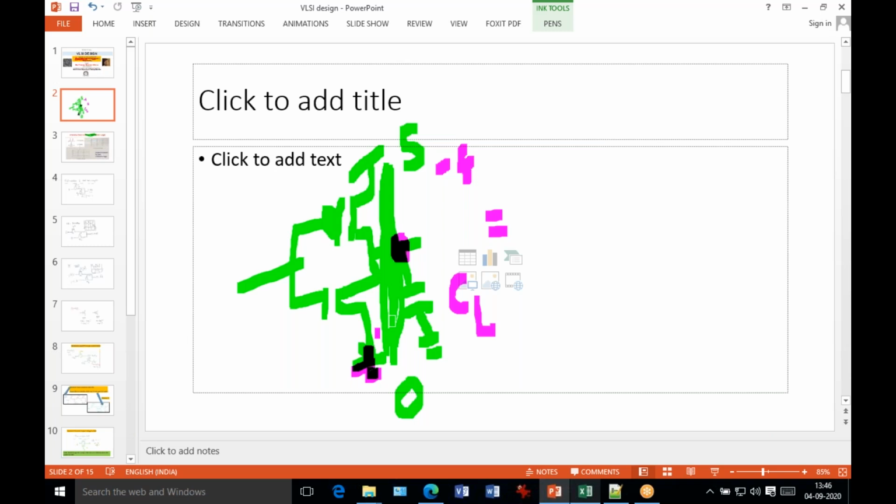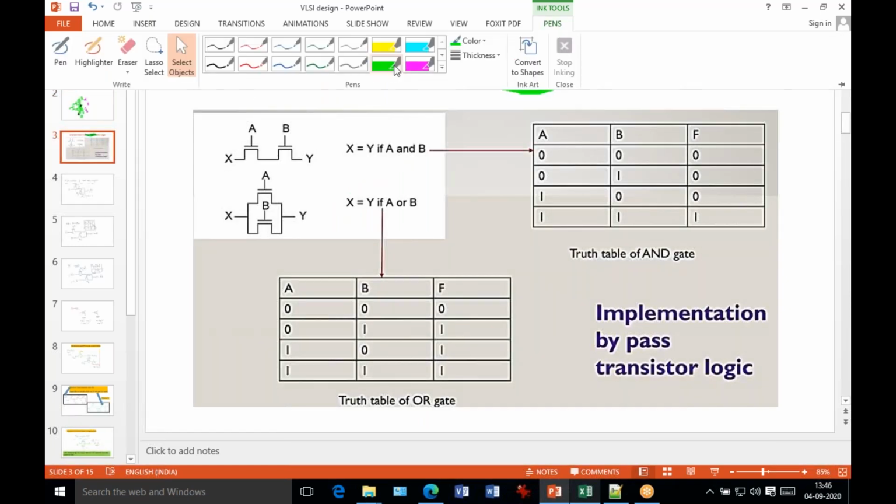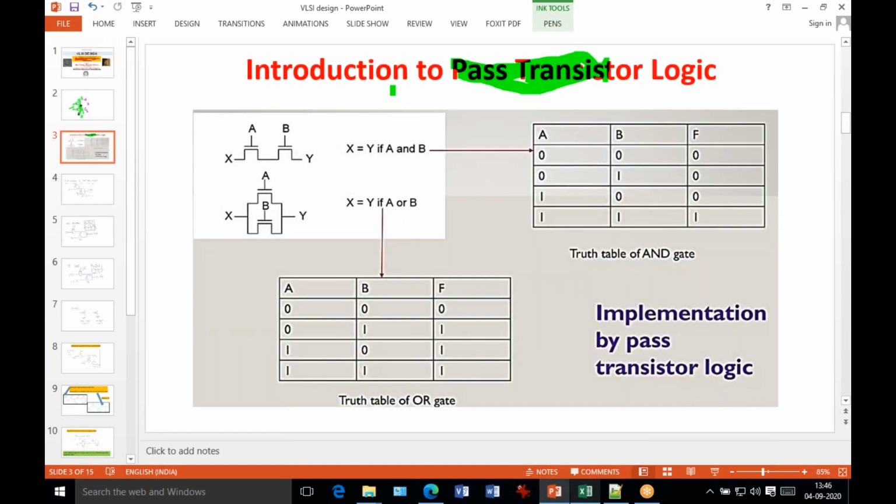Okay, so that is one case. But today we are moving to some other techniques for circuit design of logical circuits. Here I discuss pass transistor logic. This is something different compared to CMOS technology, because in CMOS you use an equal number of transistors.